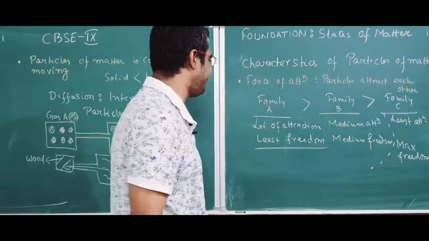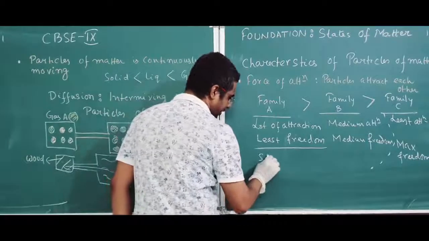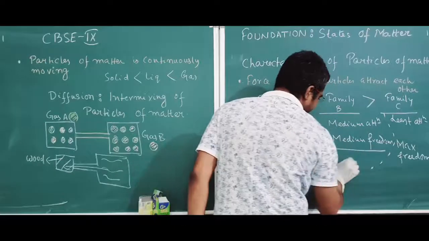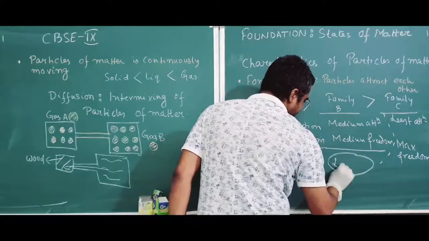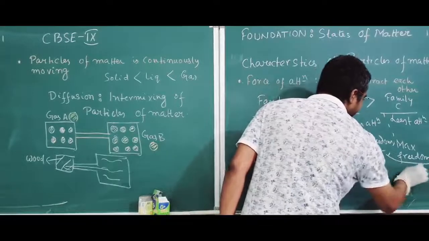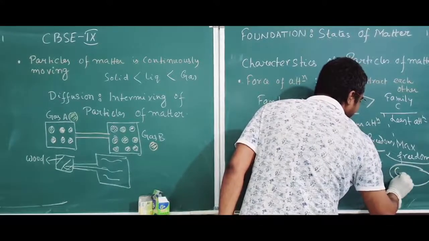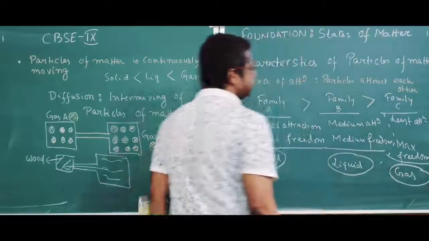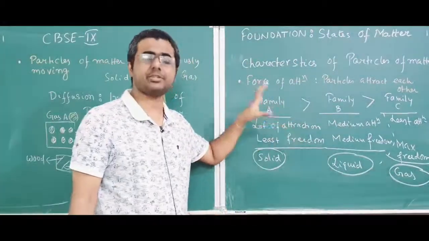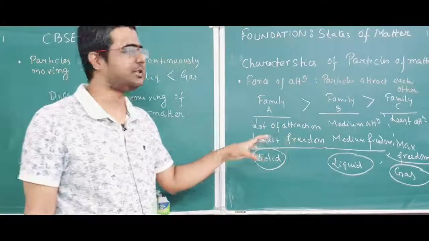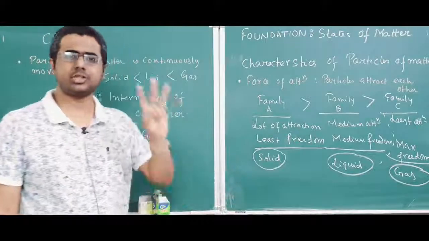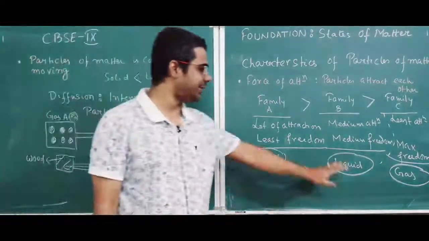This kind of family can be said to be solid, this kind of family can be said to be liquid, and this kind of family can be said to be gas. So based on the amount of force of attraction, the states of matter are divided into three states: solid, liquid, gas.